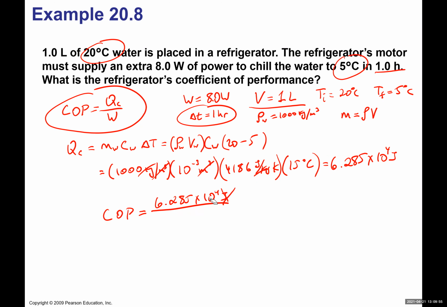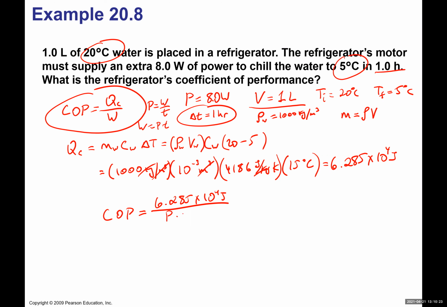Sorry, that's the work done, which is not 8. That's a power, right? 8 watts, where power is equal to work over time. That means for the work, I have to put power times time.